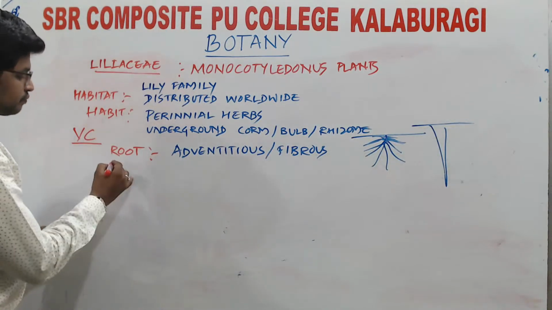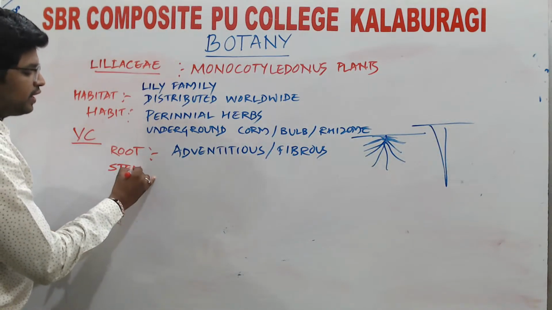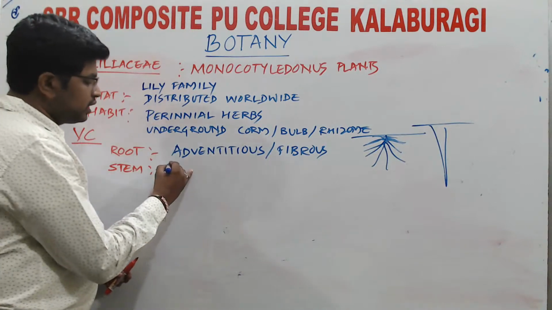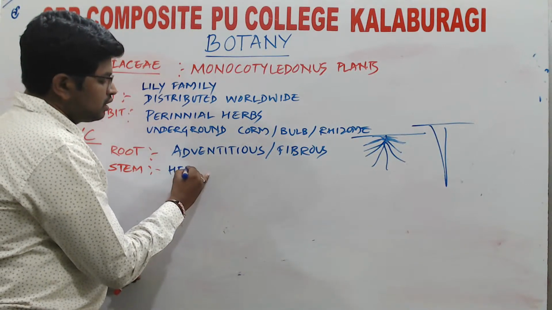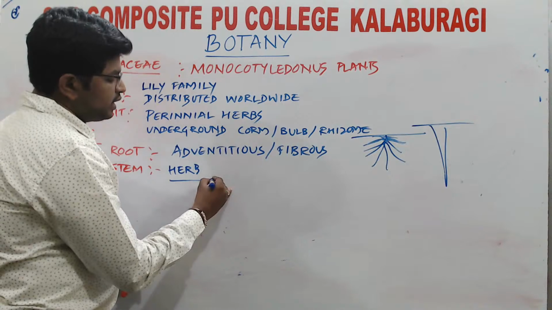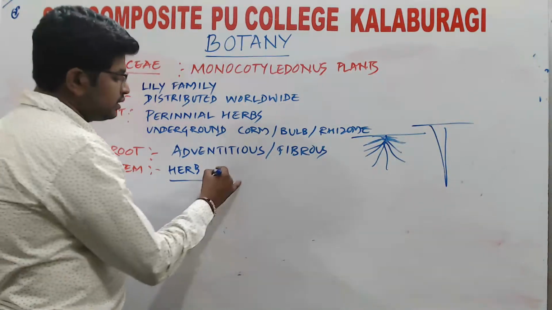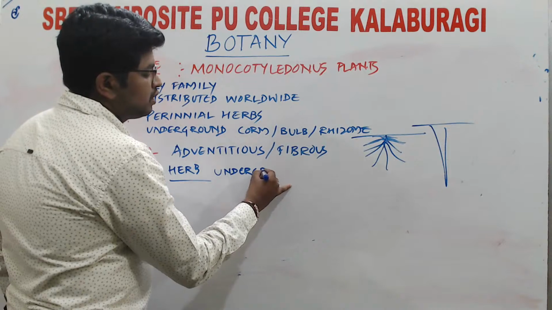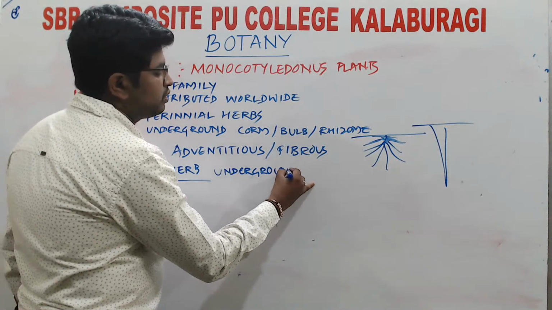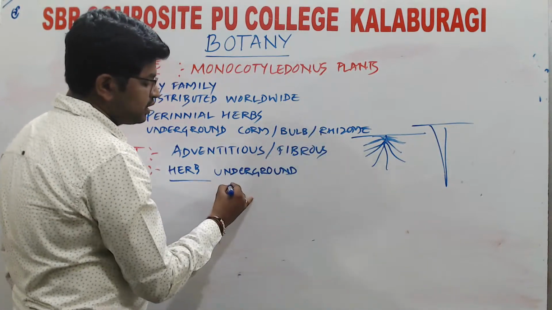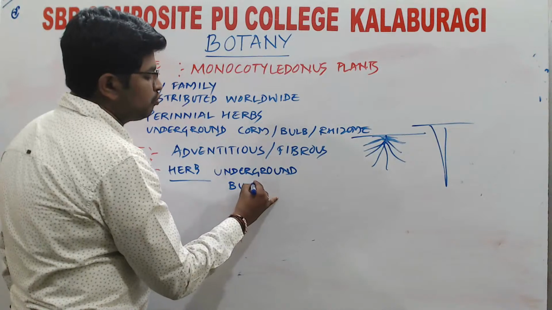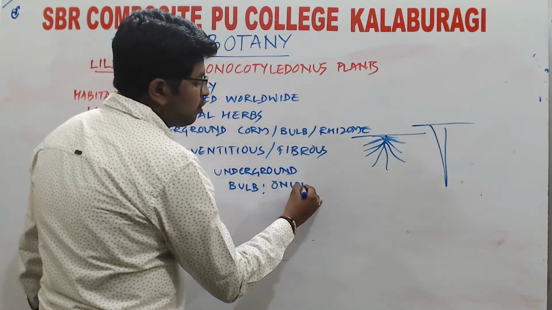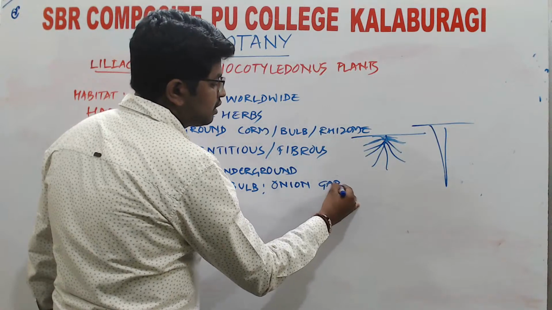Next, stem. What kind of stem will you see here? Since most lilies are herbs, you will notice stem modification, undergone for the storage of food, such as I already mentioned the bulb. Onion is the example. Onion, garlic.